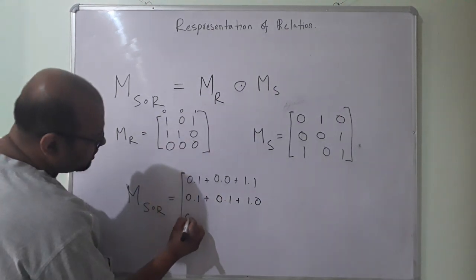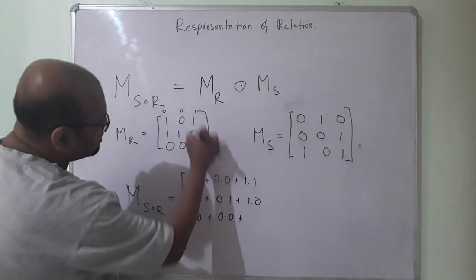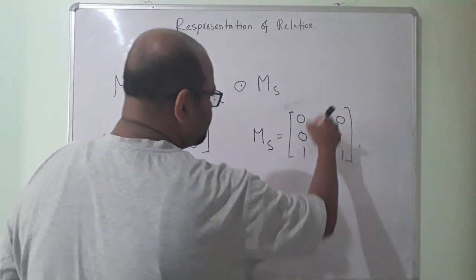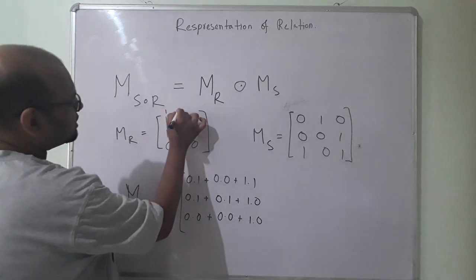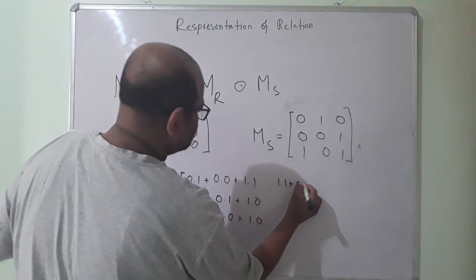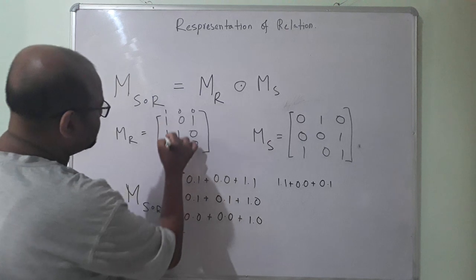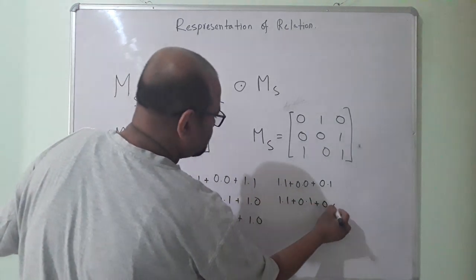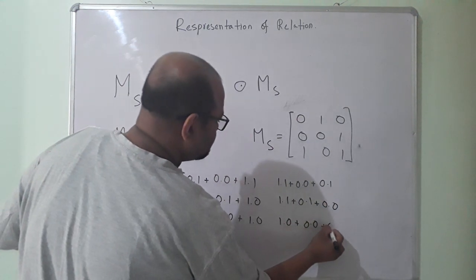Then 0 into 0 plus 0 into 0 plus 1 into 0. Then we will take this column, of course, like in normal matrix multiplication, 1 0 0. I will have 1 into 1 plus 0 into 0 plus 0 into 1. Then 1 into 1 plus 0 into 1 plus 0 into 0. Then 1 into 0 plus 0 into 0 plus 0 into 0.